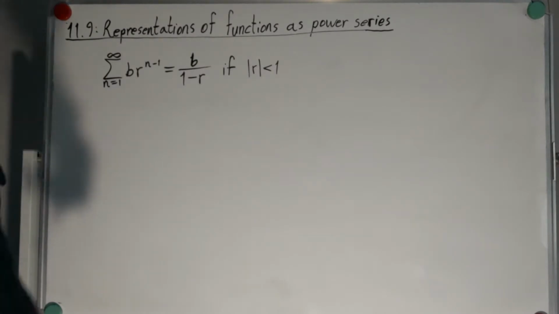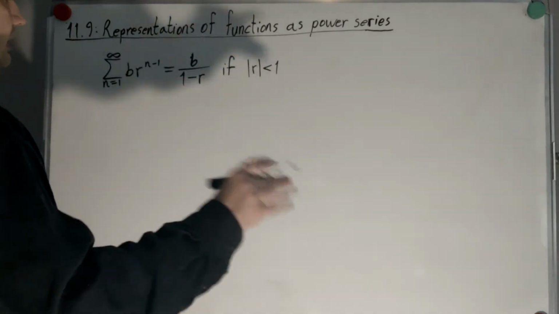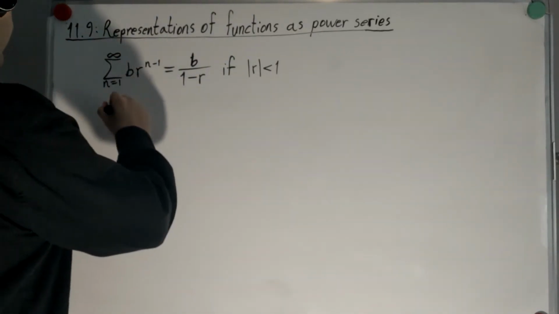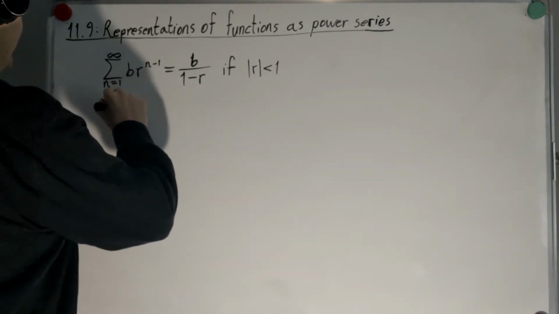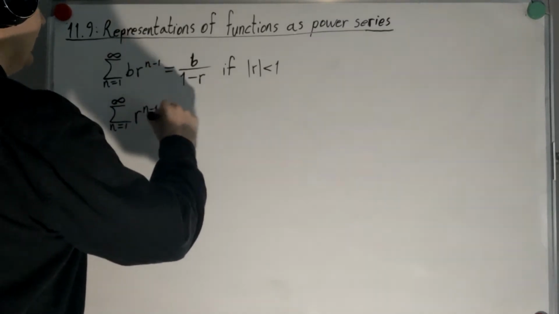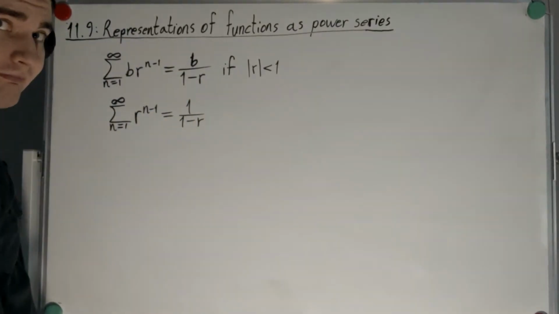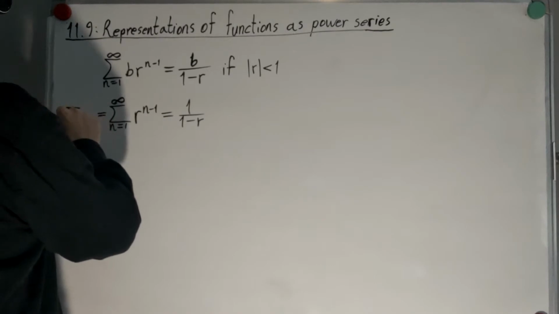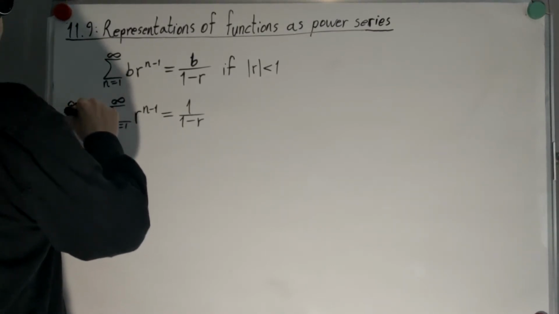Now, let's consider the case that b happens to be just 1. Then this is just the sum from n equals 1 to infinity of r to the n minus 1, and that would be 1 over 1 minus r. And by the way, this is the same thing as the sum from n equals 0 to infinity of r to the n.